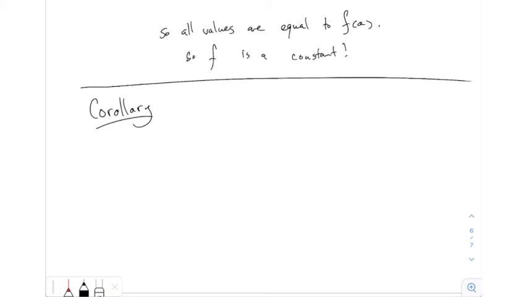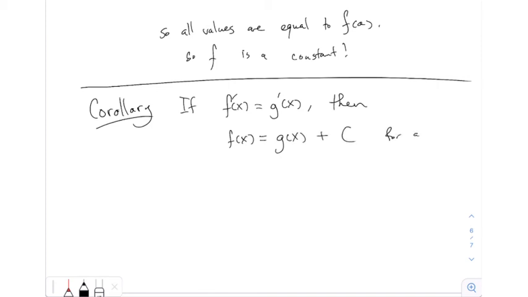So a corollary of this is that if f prime of x equals g prime of x, then f of x is equal to g of x plus c for some constant. This is less obvious and more important. It says if 2 functions have the same derivative, then they must be the same function except maybe with a constant added on to the end.